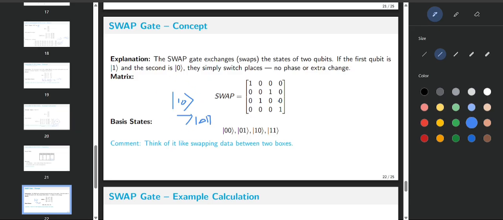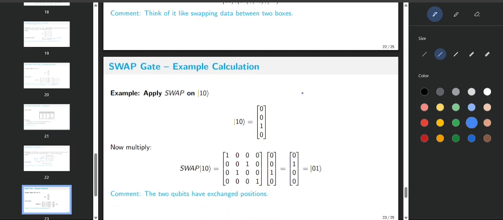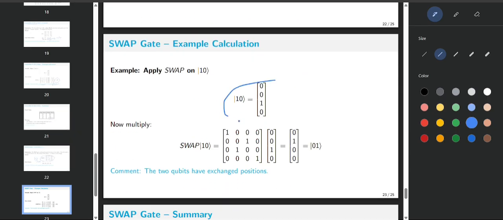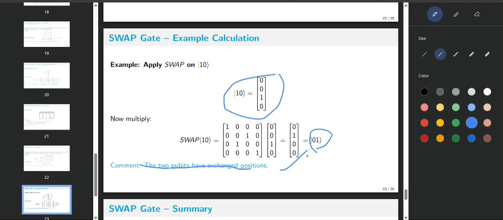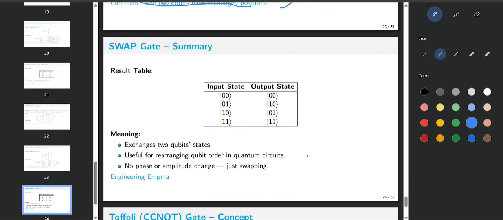This is what we do using the swap gate. This is the matrix representation of the swap gate. I have operated this 1 0 on the swap gate and ended up getting the result 0 1. So the 2 qubits have exchanged their positions. That is what you need to remember.